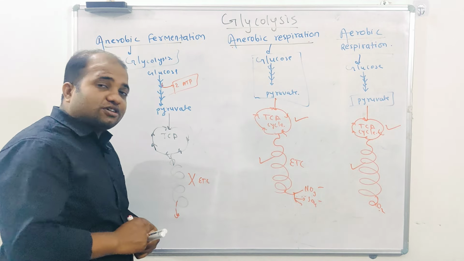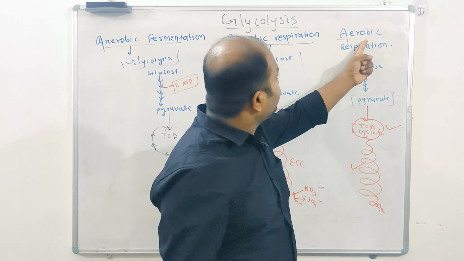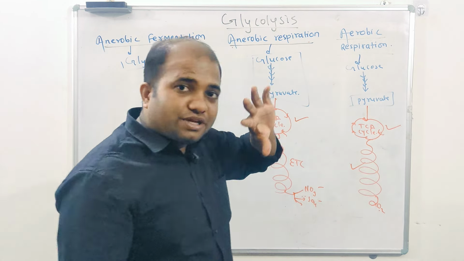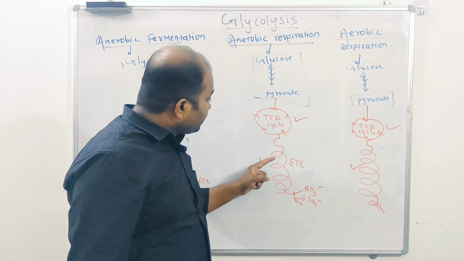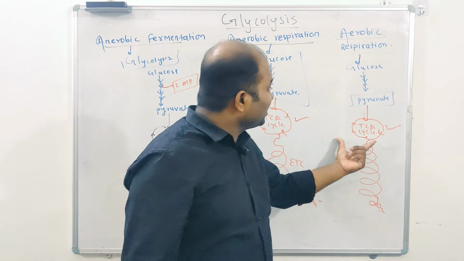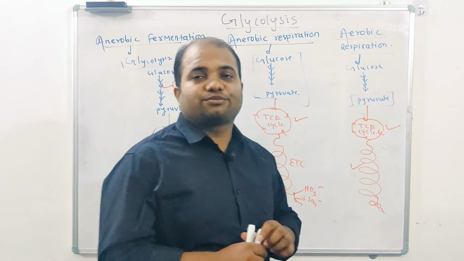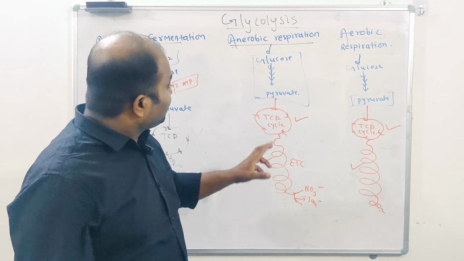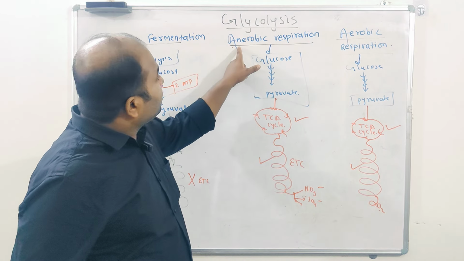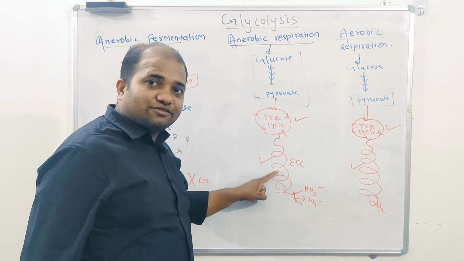I have seen most students confuse anaerobic respiration with aerobic respiration. They have misunderstood that TCA and ETC are absent in anaerobic respiration, but it's not true. In anaerobic respiration you find TCA and ETC present.